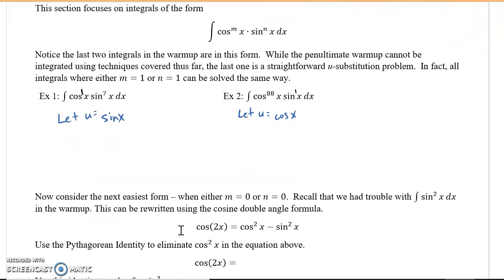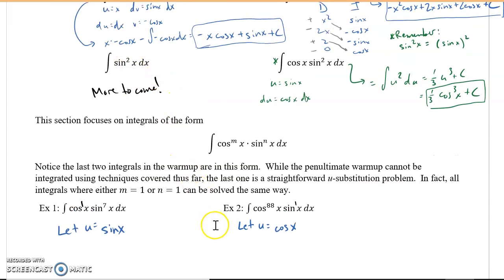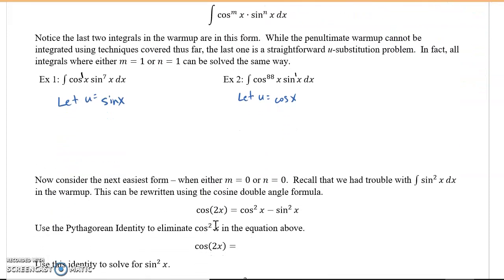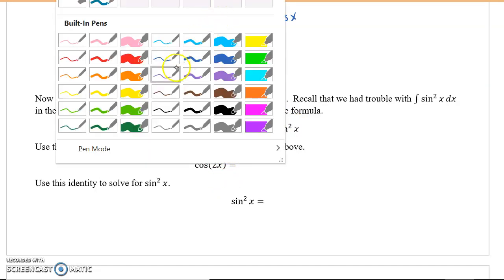So what happens then if we have something that's got just a sine squared, like we had up here, or perhaps just a cosine squared? Those are where we're going to need those trig identities. If you recall back in pre-calculus days, some double angle identities. Our most useful double angle identity is the cosine double angle identity, because we can take cosine squared of x minus sine squared of x and rewrite it using Pythagorean identities.